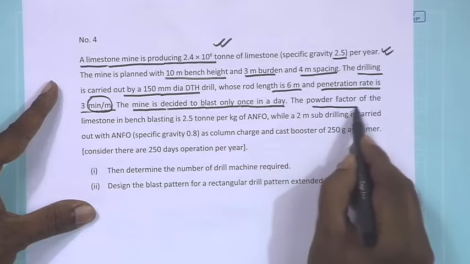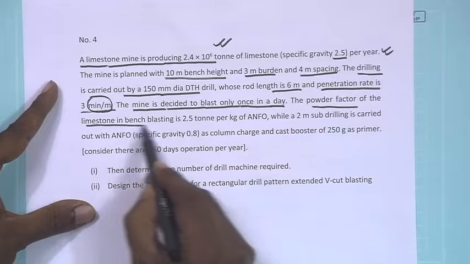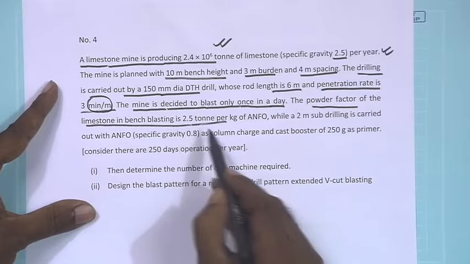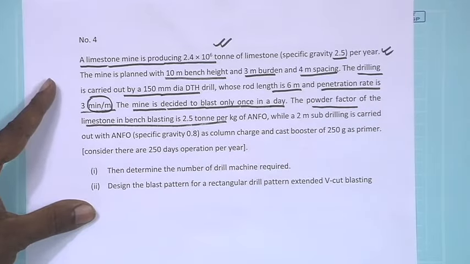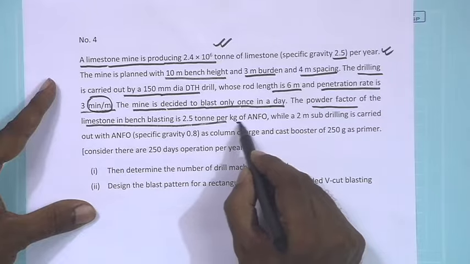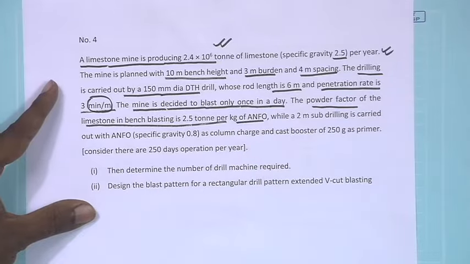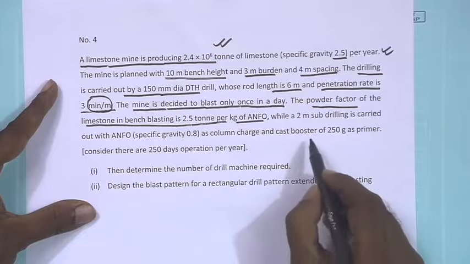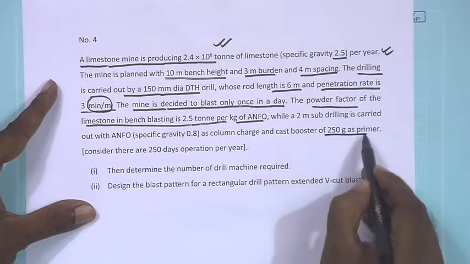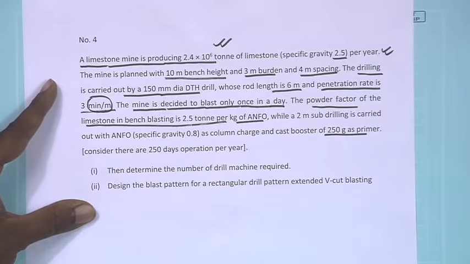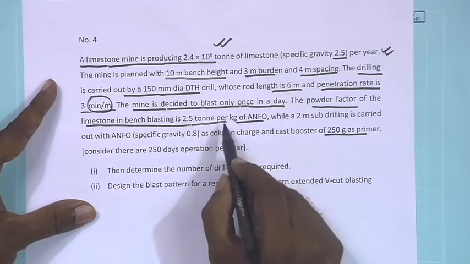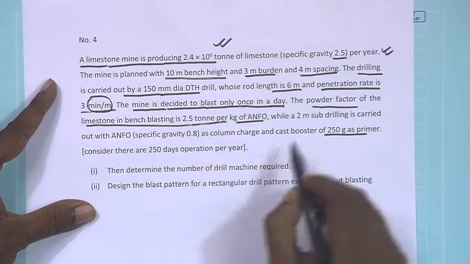The powder factor of that limestone is given as 2.5 ton per kg of ANFO, fixed for ANFO. The primer charge, 250 gram primers used for initiating the blast, is not considered in this powder factor.